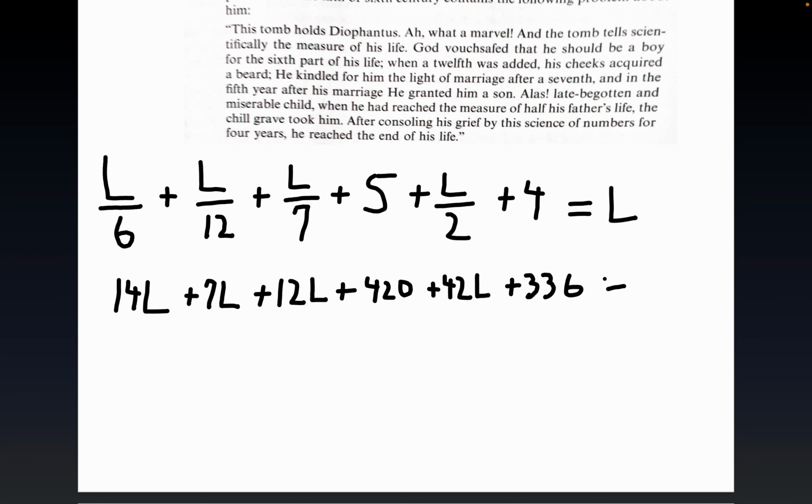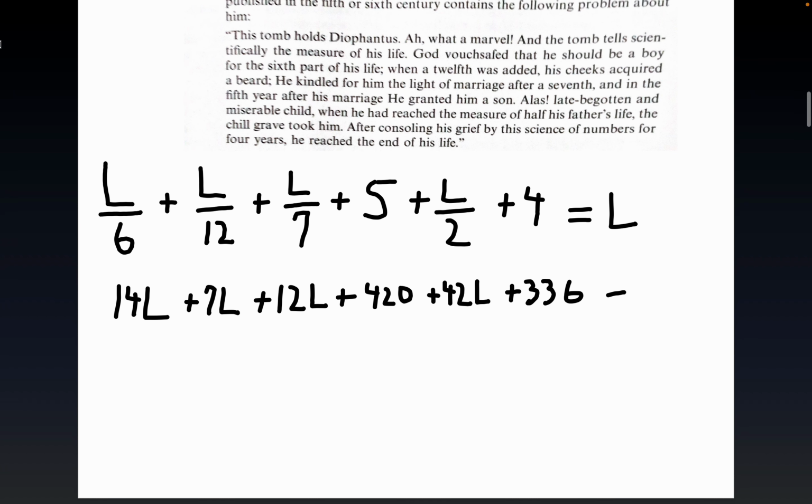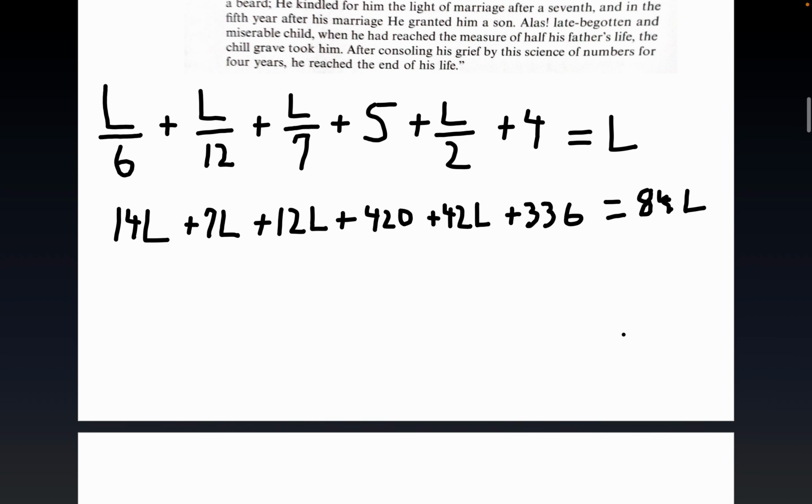Okay, so we get 84L right here. Y'all, it's 84L. All right, now let's see if we can manage to collect like terms and figure this thing out.